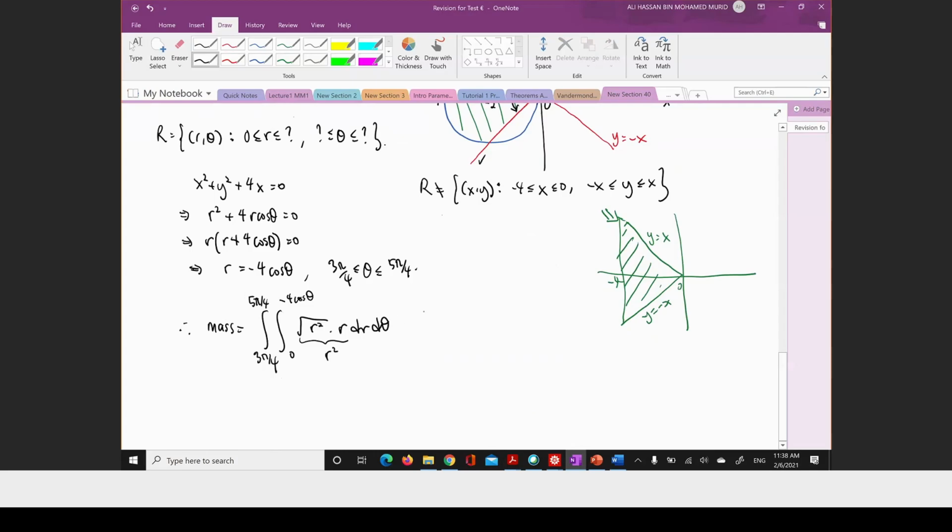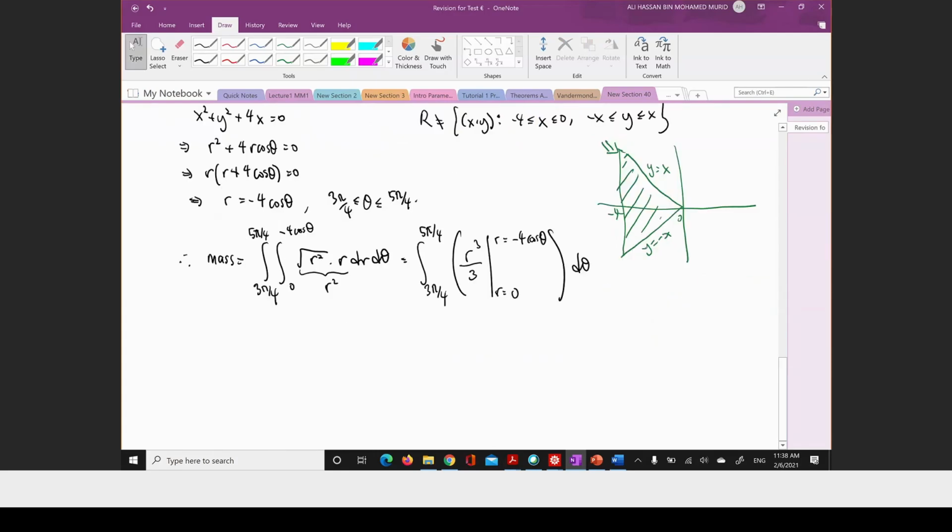So first we integrate with respect to r, which gives r cubed over 3, with r from 0 up to minus 4 cos theta, d theta here.